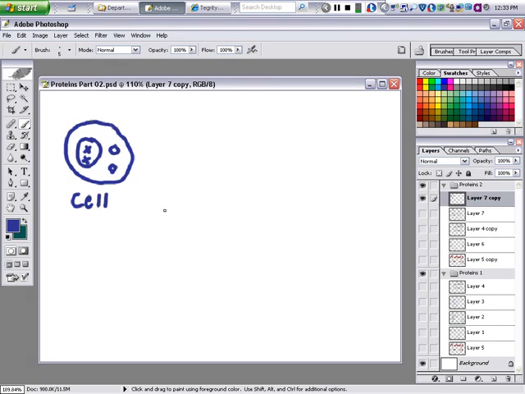Let's see if I can draw this well. I'm going to draw just a region of the membrane here. A membrane is a bilayer. What are these structures I'm drawing here? Phospholipids, exactly.